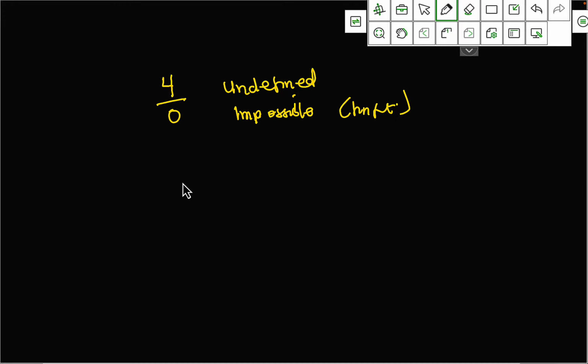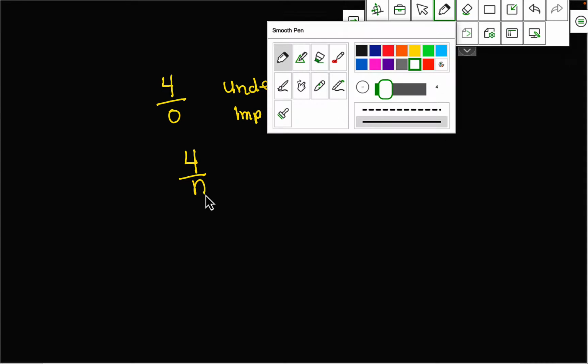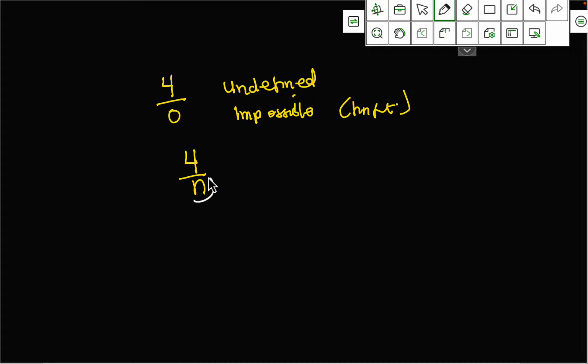In algebra, it's the same thing. So for instance, if I say 4 over n, okay, I already mentioned that n here is a literal and it can take on any number, right? Yes. And so 4 over n here is always true except when n is equal to 0.